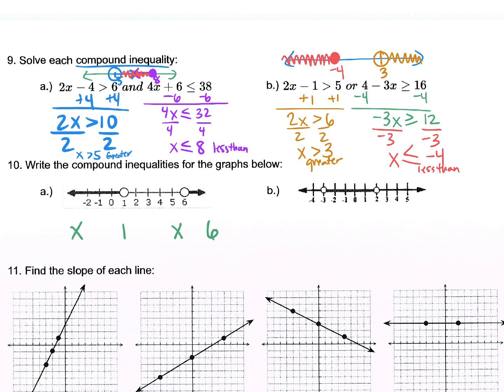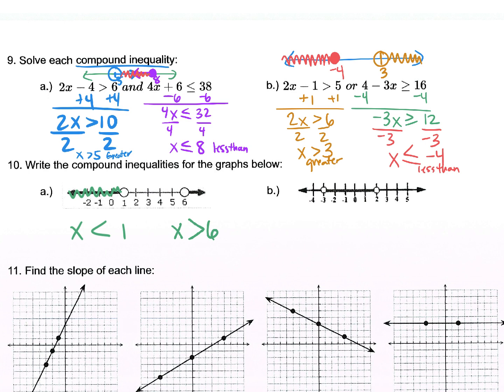So at 1, are the numbers going to be less than or greater than 1 based on the shading? So since it's shading to the numbers lower than that, it's going to be less than. For the other one, notice these are open dots. So that open dot moving past that means that all the numbers are going to be greater than 6.